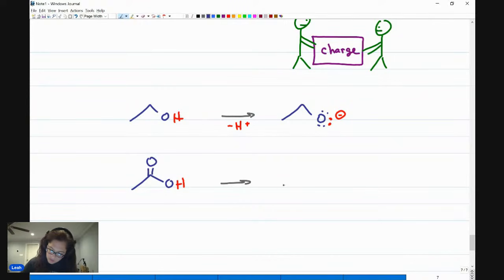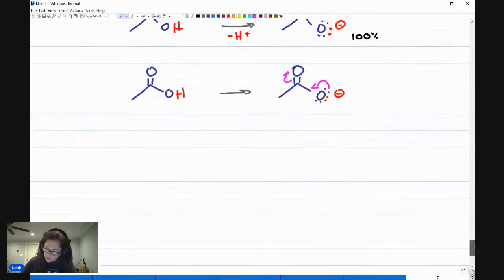If I deprotonate the ethanoic acid, I get the same thing, oxygen with that extra lone pair and a negative charge. But the first one is stuck carrying 100% of the burden of charge. Oxygen is holding it, that's it, no help. The second one is able to resonate. The resonance can go this way and that way.